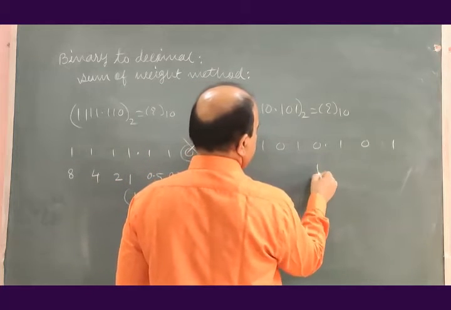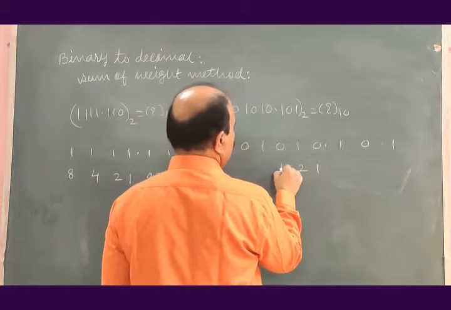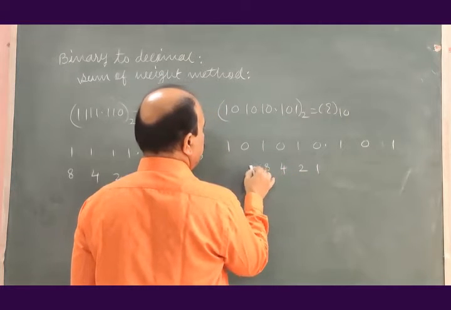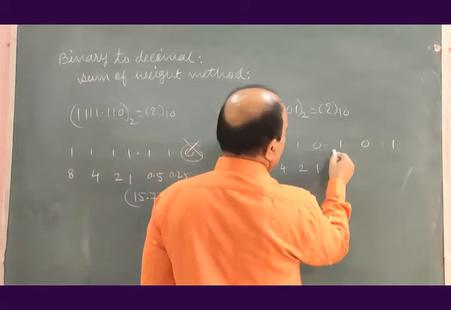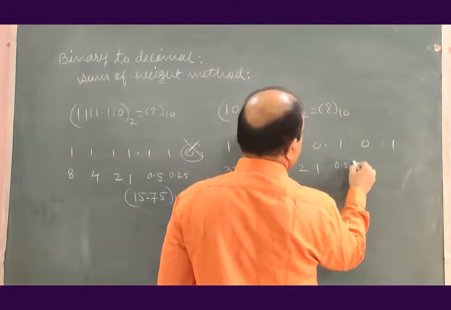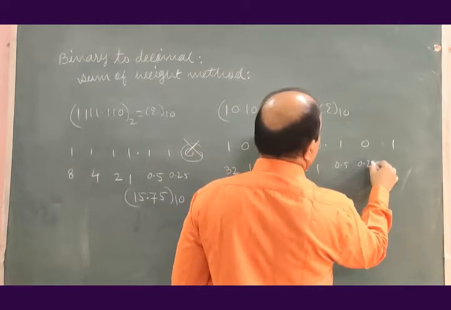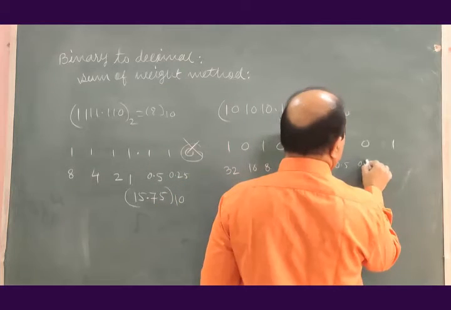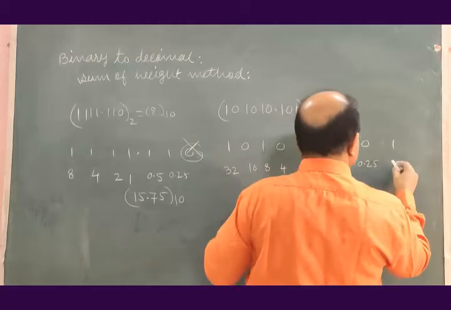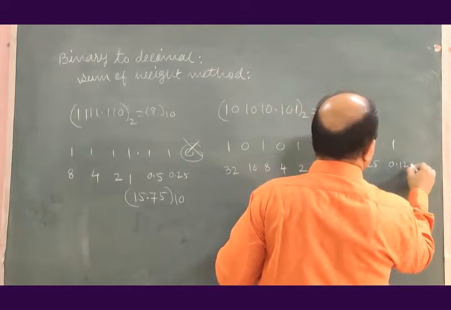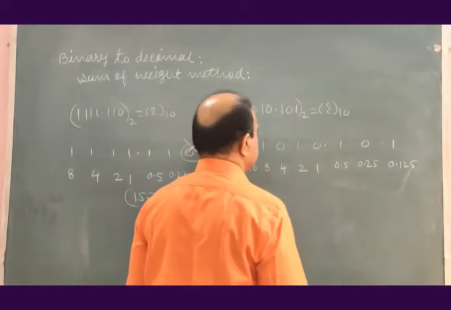Weight of this is 1, this is 2, 4, 8, 16, 32. Weight of this is 0.5, 0.25, and weight of this is further half of this, 0.125.